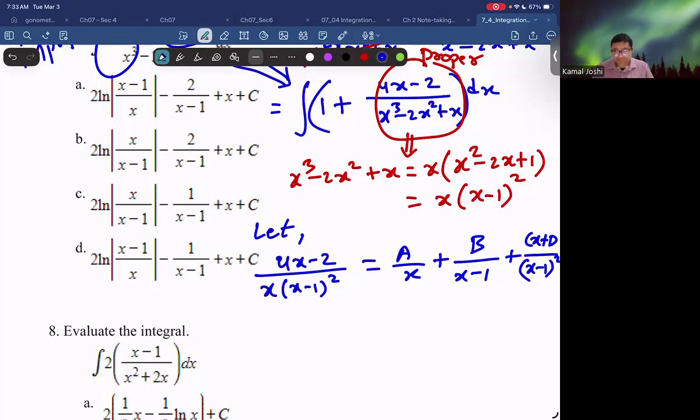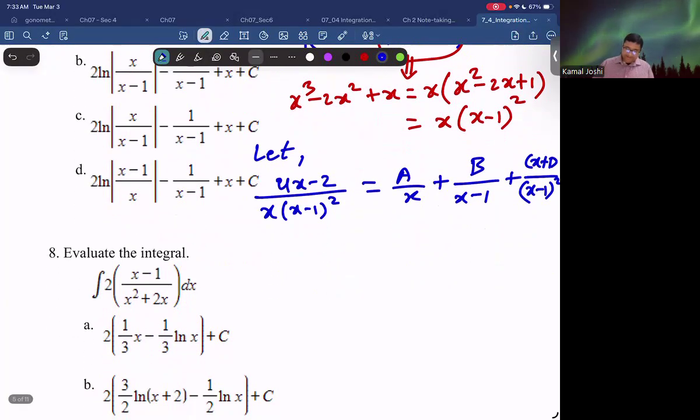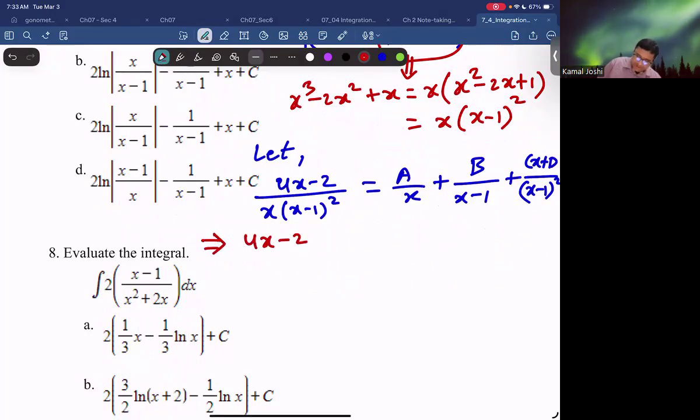Okay. And this time you can do again hit and trial and guess the values of a, b, c and d, but not very convenient again, or probably convenient, I don't know. So let me solve it the usual way this time. The usual way would be, now you take the denominator and multiply on the other side.